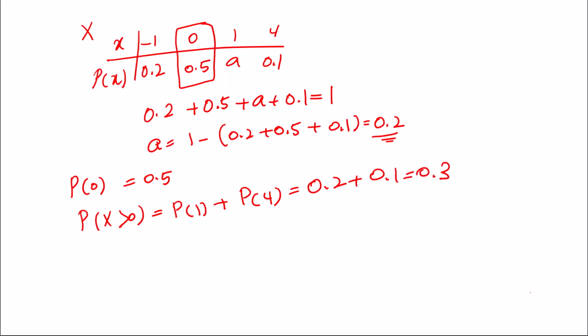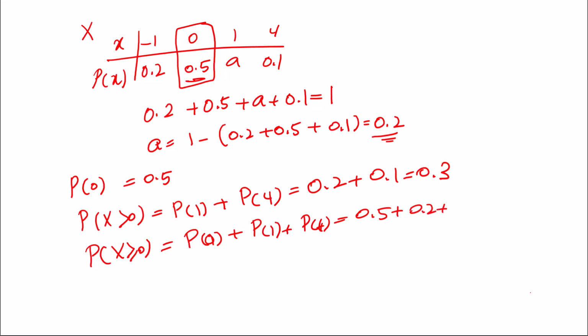Then we want to find the probability of x greater than or equal to 0. In this case, 0 will also be included, so it will be p of 0 plus p of 1 plus p of 4, which is 0.5 plus 0.2 plus 0.1, equal to 0.8. Probability of x less than or equal to -2: we don't have anything here, so it will be 0.